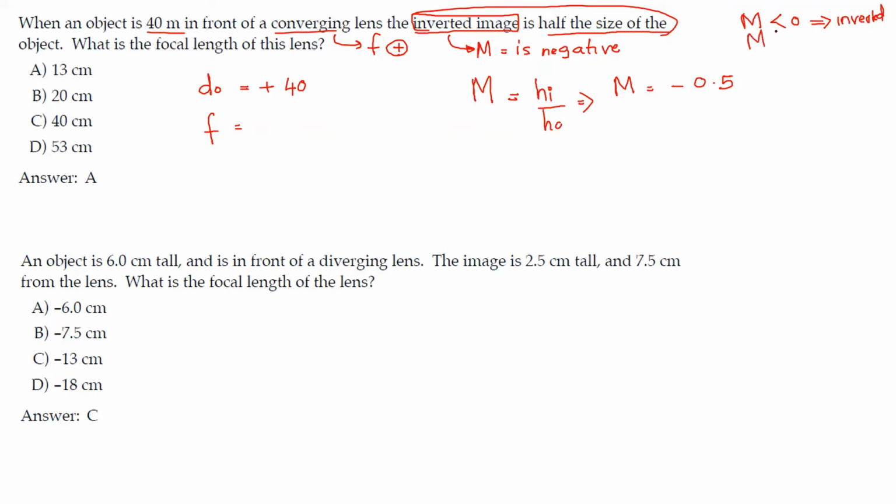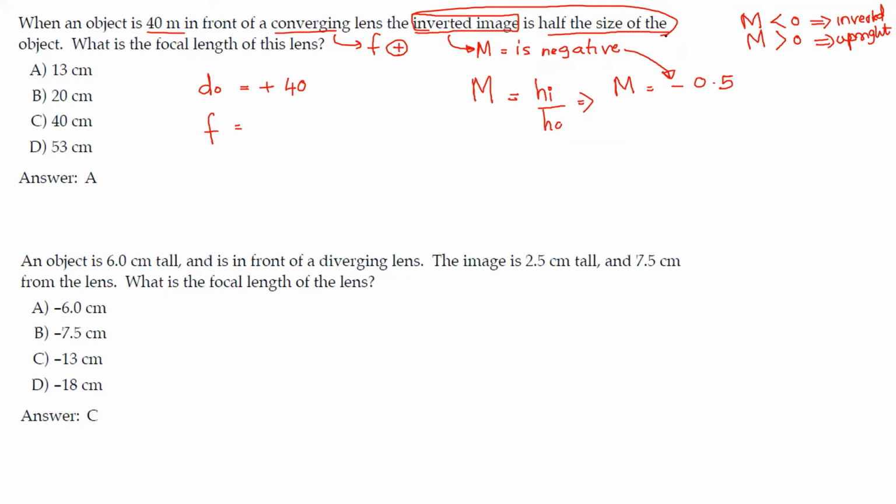And if your M is a positive value, that means it is upright. So here they are saying your image is inverted. So this is them telling us that M is negative. So this is how we figured out this negative sign, because they said it's an inverted image.